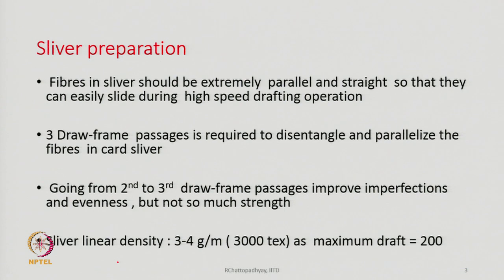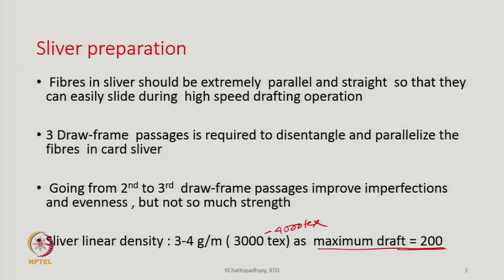Sliver linear density generally could be between 3 to 4 grams per meter, that means 3000 to 4000 tex. And the maximum draft that we give is of the order of 200, because we are going to produce a yarn directly from sliver.